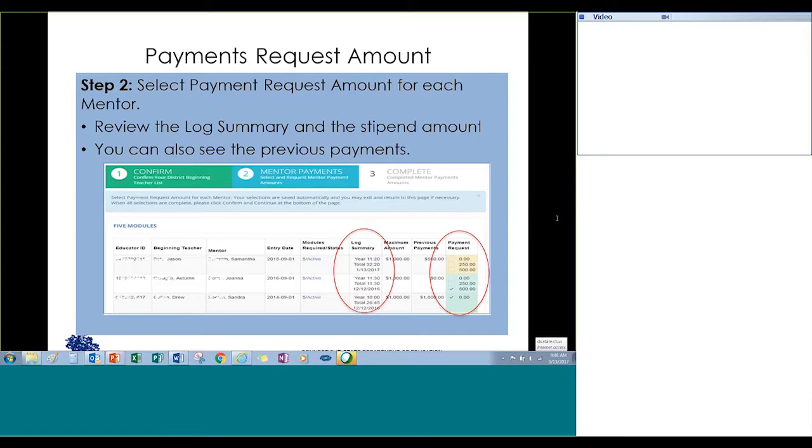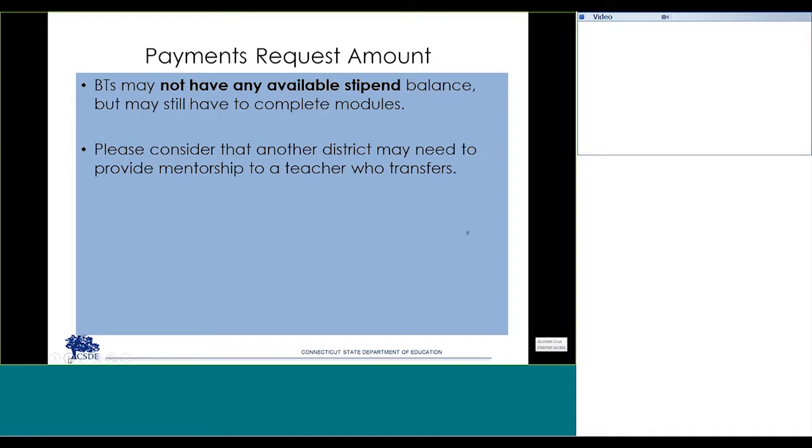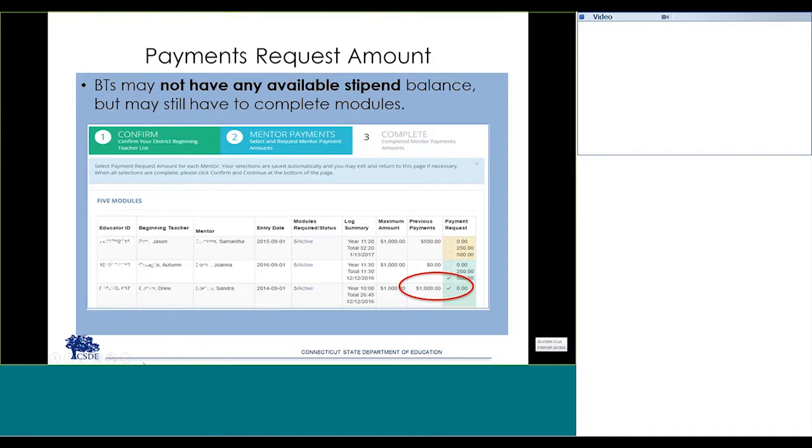The last example, Drew and Sandra, there are 10 hours this year, and there's no money left. So the system already checked for you that there's a choice of $0 to reimburse the district for any mentor stipend. The district has received the $1,000 previously.